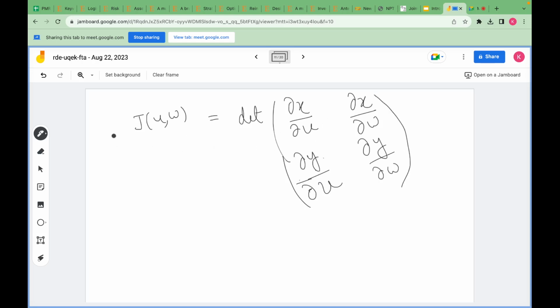So this is the Jacobian which we use in the joint probability distribution function.